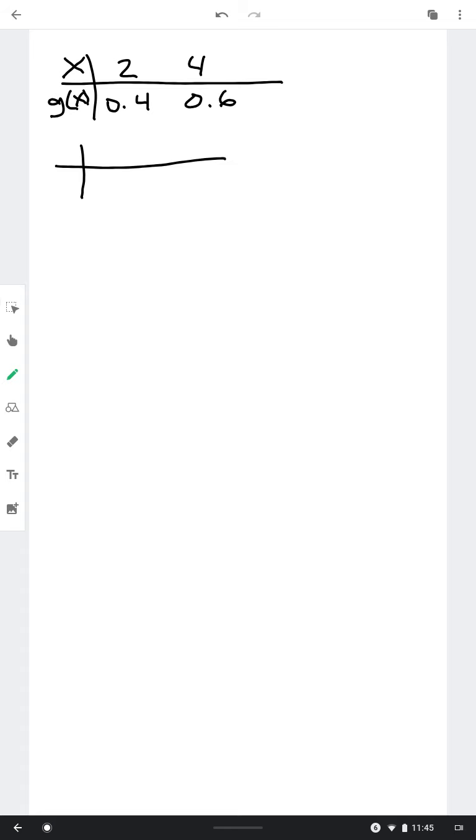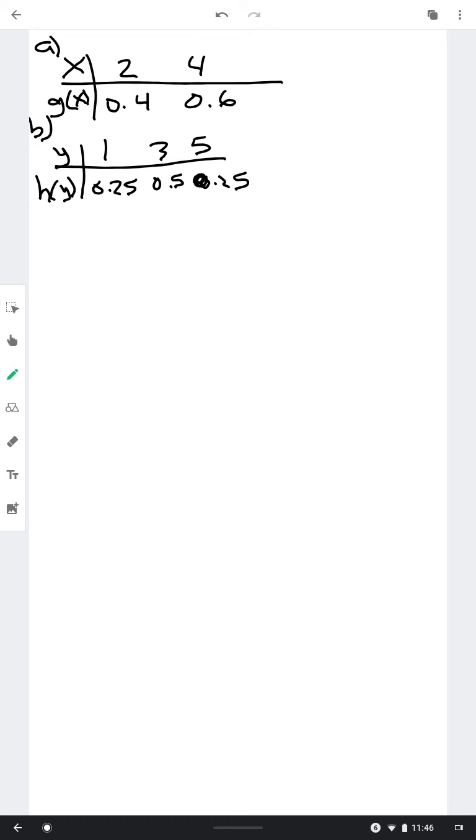And for y, I have 1, 3, and 5, and h of y is 0.25, 0.5, and 0.25. Those are going to be my part A and B answers here. Okay, so those are my marginal distributions.